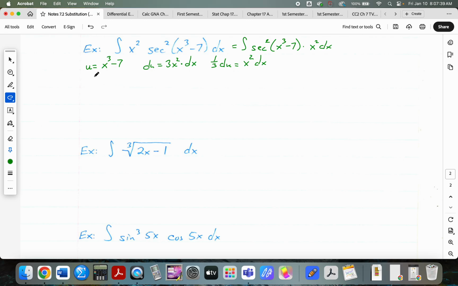So now, when I do the u substitution, I'll have the integral of secant squared of u multiplied by, I'm replacing the x squared dx with 1/3 du, and I usually don't write the 1/3 in the integrand. I go ahead and factor it out immediately.